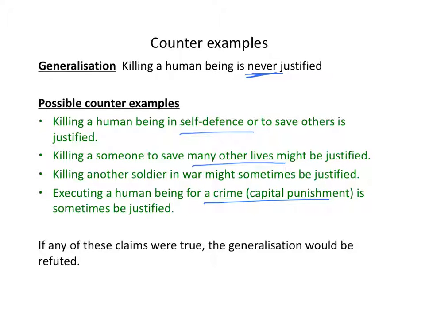So perhaps after thinking about counterexamples like these, you would want to reformulate this generalization to say something perhaps like killing an innocent human being is never justified, or killing a human being where other lives are not at stake is never justified, something like that. Notice that those are still universal generalizations, but they've become narrower in scope. But they still say killings of human beings of a certain kind are still never justified, always wrong.